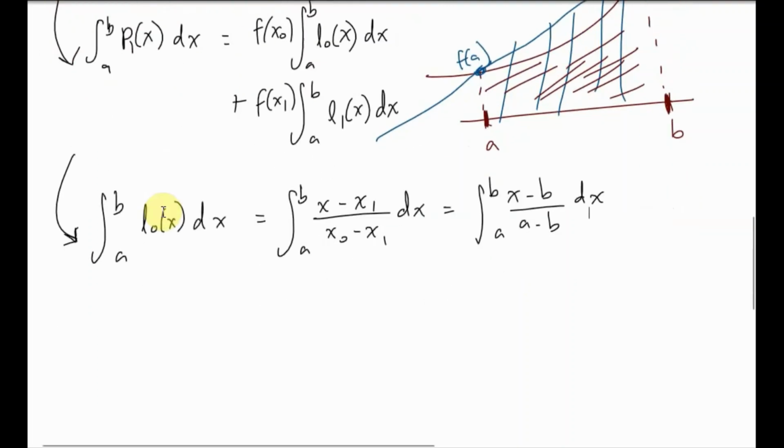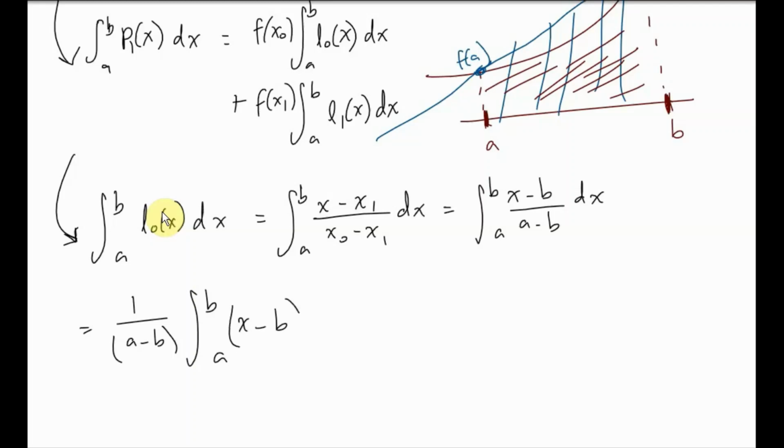Okay, and we can keep simplifying this. We can take the coefficient out, 1 over a minus b, times the integral from a to b of x minus b dx. We're going to get something like this.